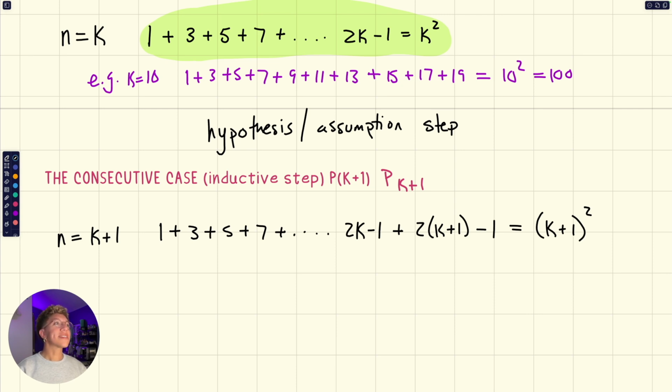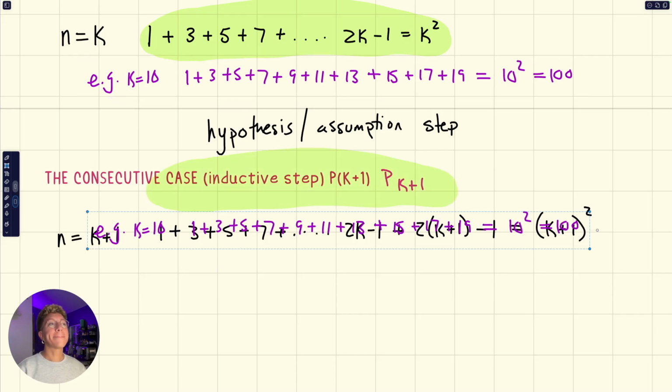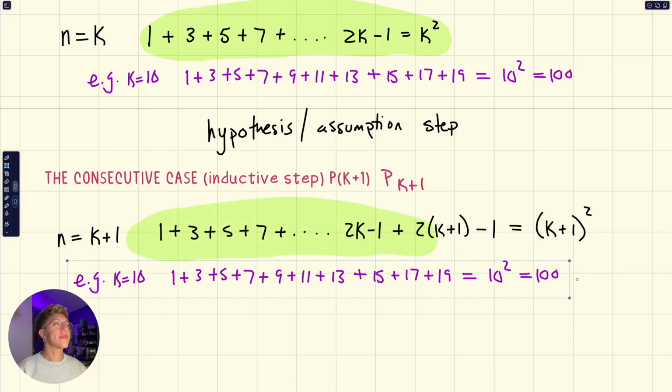Again, to keep things concrete, we'll show what that looks like for a concrete number. So we're going to say if we have the 11th case, we're just going to change that to 11.